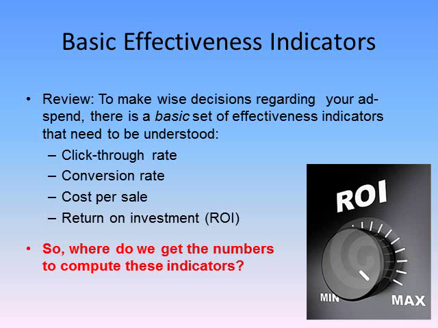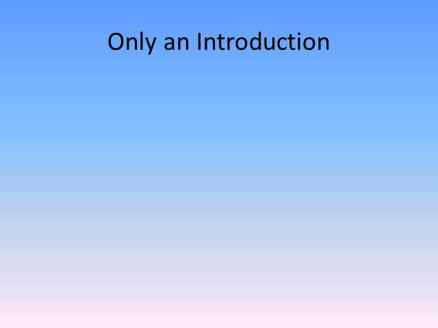So, where do we get the numbers to compute those indicators? Where do those numbers come from? That's what this is all about. Before we go any farther, however, I need to mention that the only thing that we can do here is get a simple introduction to this topic on gathering the numbers, right?